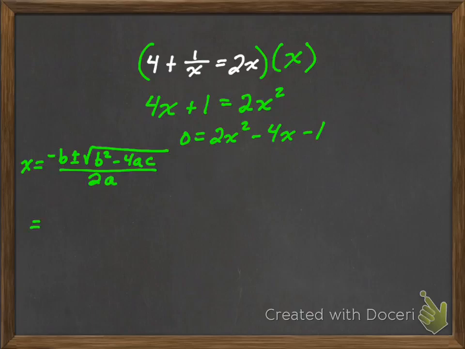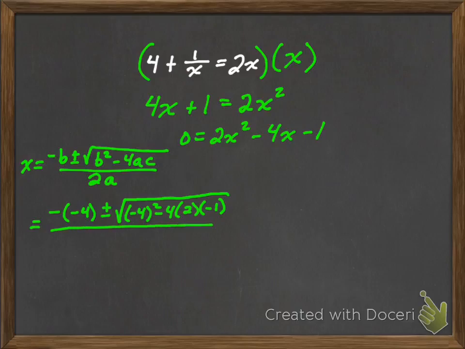So in this situation, the b value is negative 4. The a value is 2. And the c value is negative 1. And then over 2 times the 2.